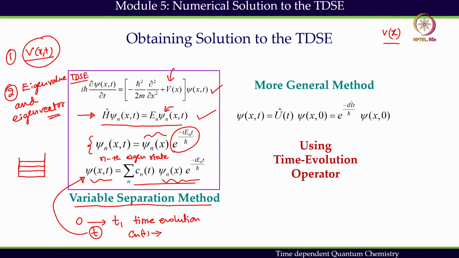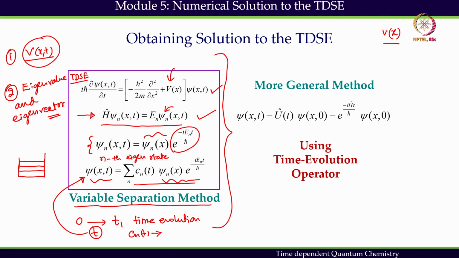And in that case, it is convenient to compute the time evolution of a given initial state directly without making use of a large number of eigenstates. So variable separation method is a good idea, but it may not be practical all the time.